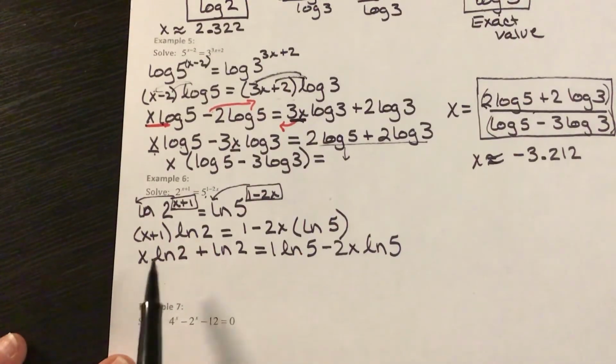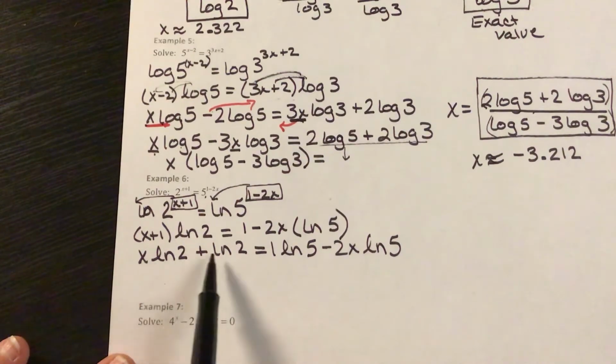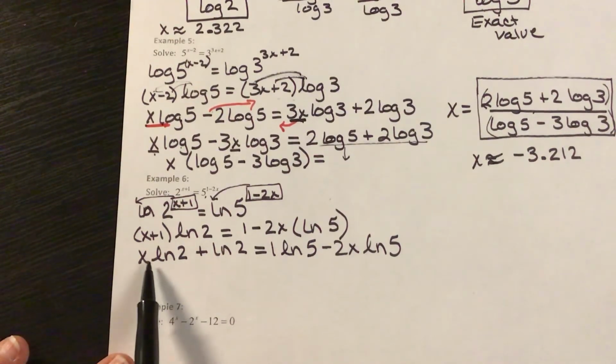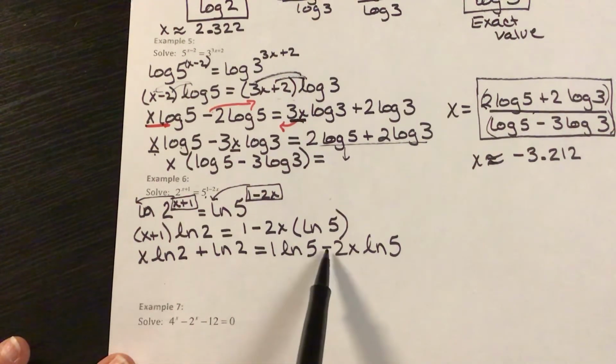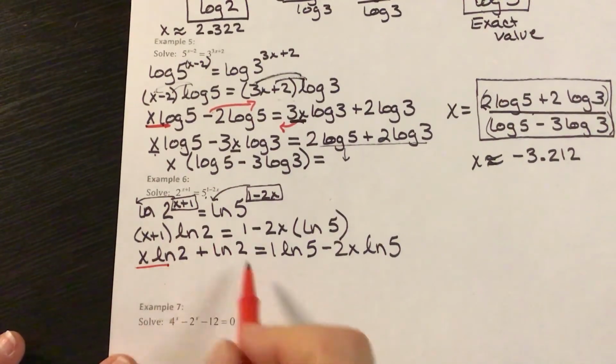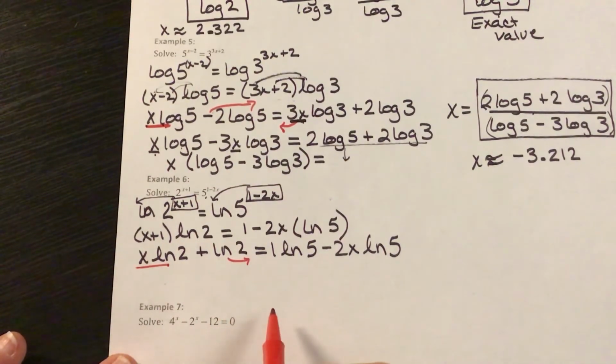So now I have some terms that have x and some terms that do not. So I need to get all the x terms on one side and the non-x terms on the other. So I'm going to keep this term, I'll subtract that term, and I'm going to add this term to the other side.